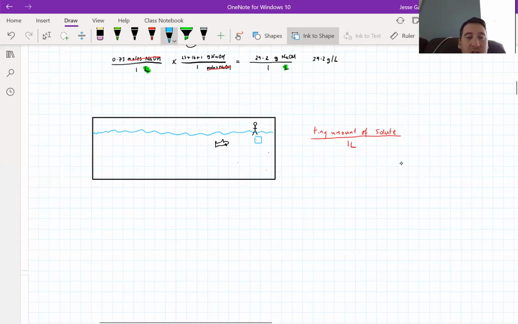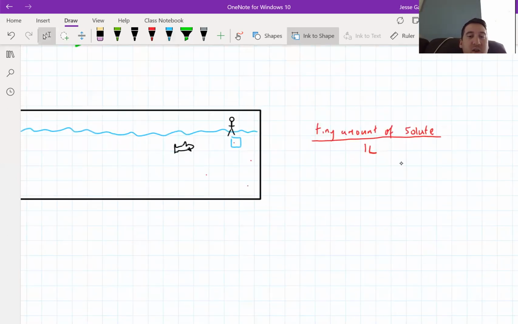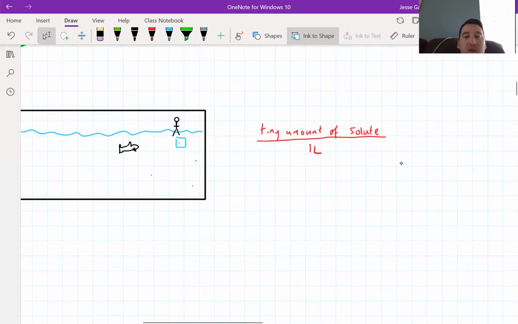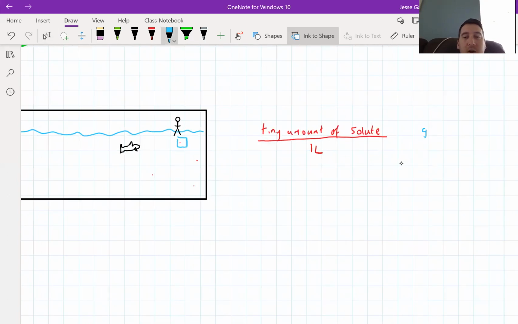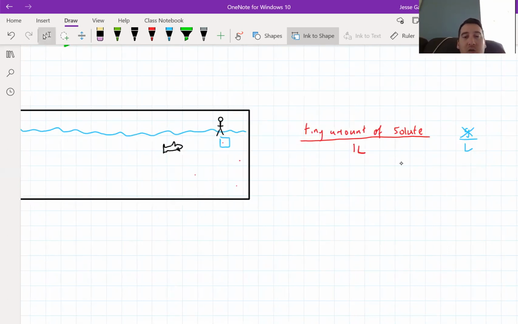It's not even a full drop because there's only one drop altogether. And look how spread out it is. It's nowhere near a gram in a liter of water. So it's not really helpful to think about grams per liter here, because a gram is quite a big amount compared to just a couple of molecules in a liter of water.